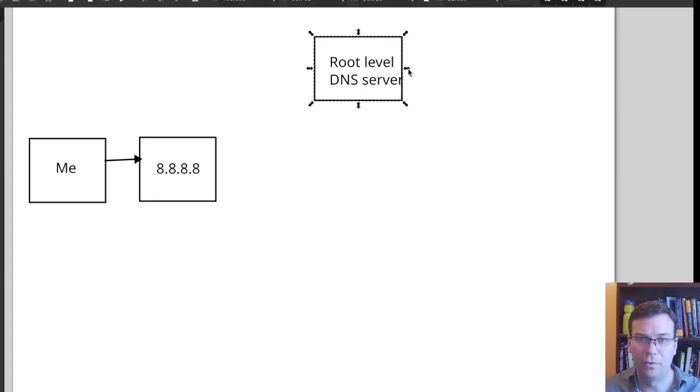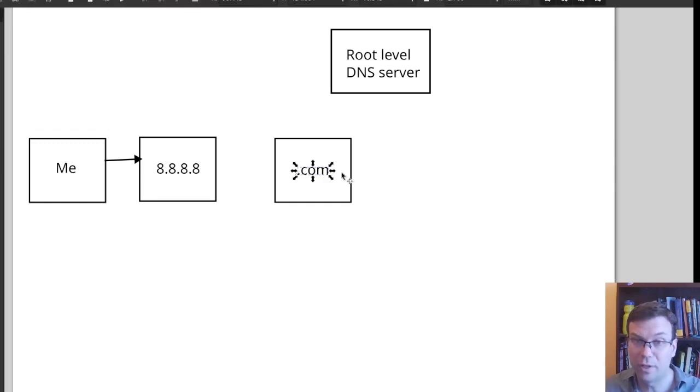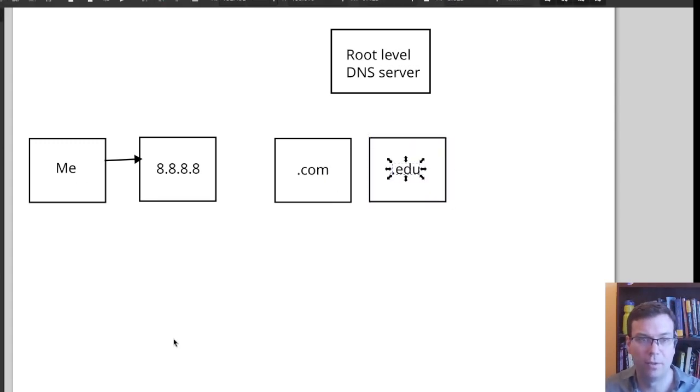The root level DNS server is only actually responsible for keeping track of what to do with what are called the top level domain DNS servers. All right, so we have some top level domain servers for .com addresses. We've got some top level domain name servers for .edu, .org, etc. So these are called the top level domain DNS servers, or TLD. And there's tons of these actually, just like there are tons of root level DNS servers as well.